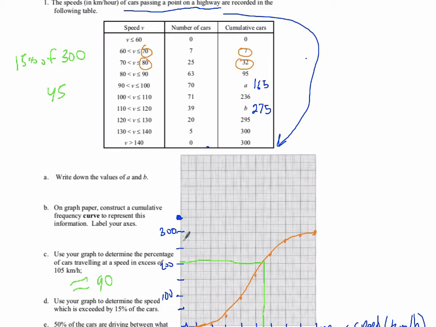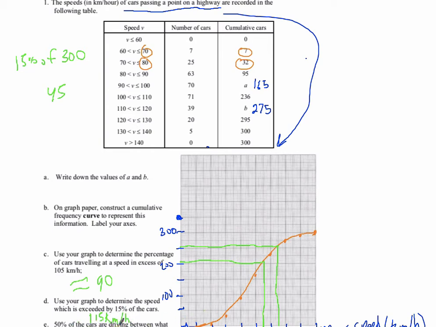The top 50 is right there, so the top 45 would be like right there. So we go across and down. It's about 70, 80, 90, 100, 110, 115. So it's about 115 kilometers per hour.